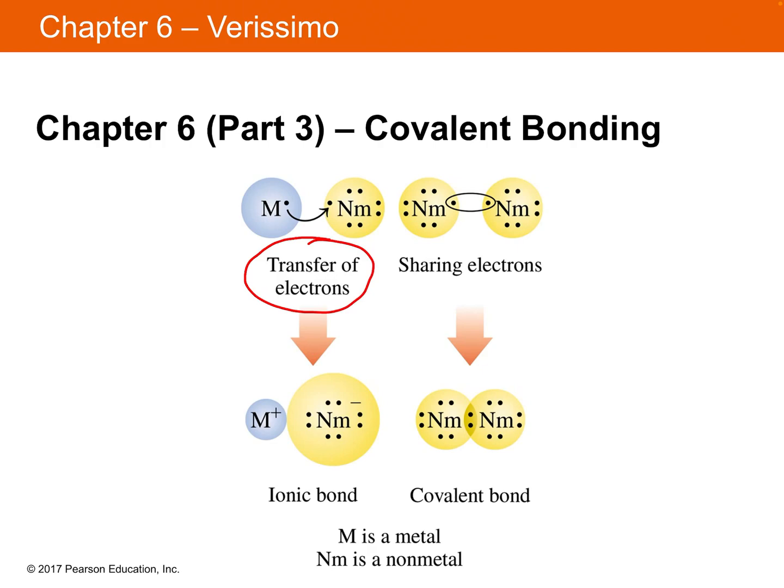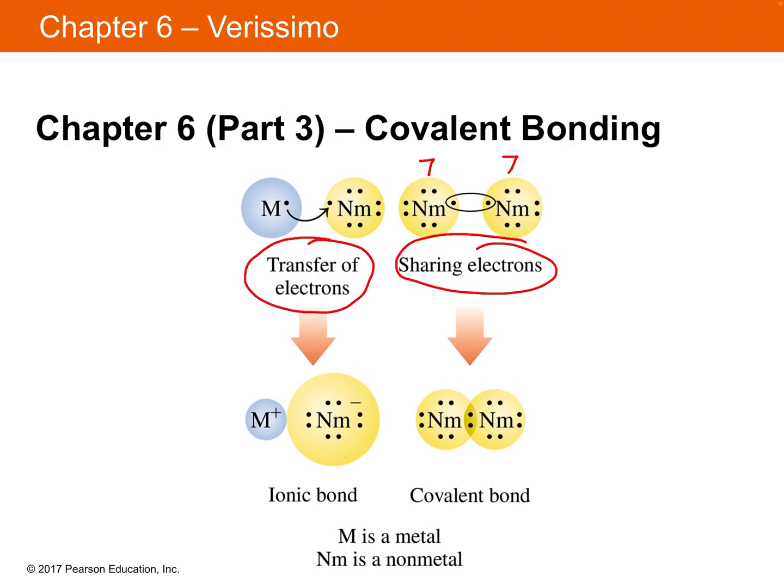Now, a covalent bond is different. Covalent bonds are formed by sharing electrons. So if you'll see, on this nonmetal, we have 7 valence electrons, and on this nonmetal, we have 7 valence electrons. But when they share those electrons, then they each can complete their octet.